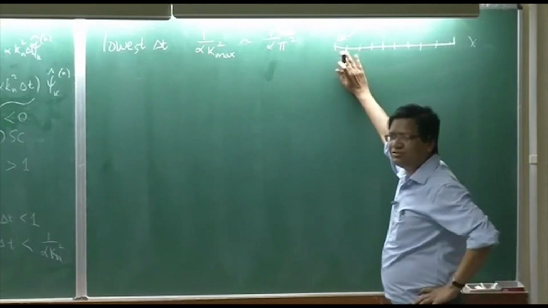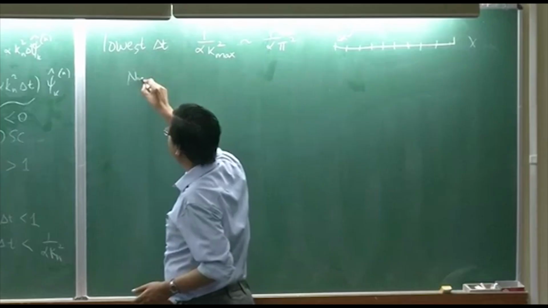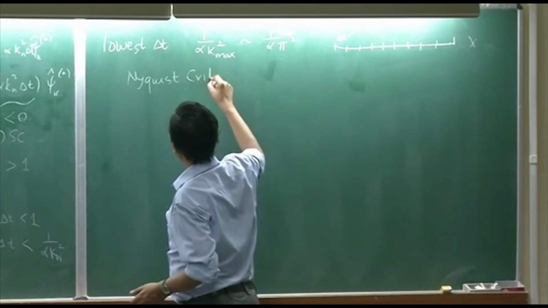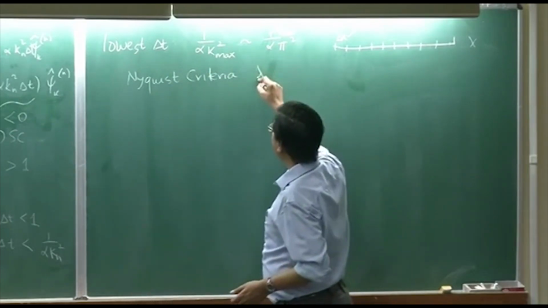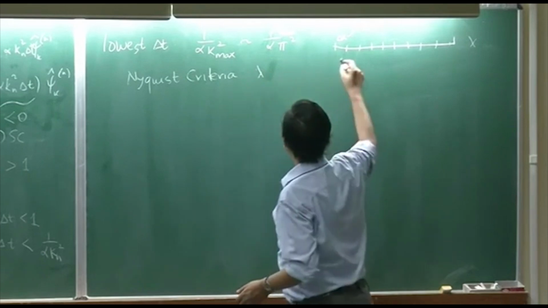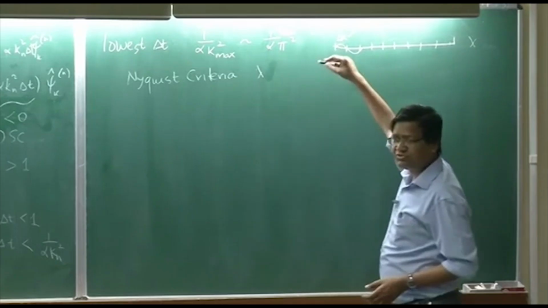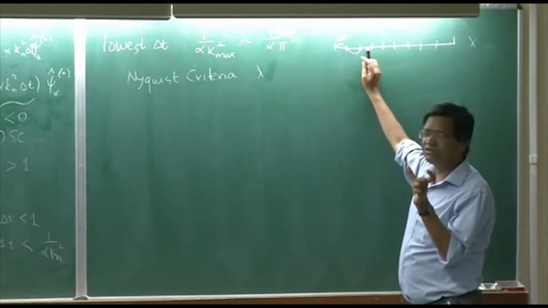Now what should be, so this is called the Nyquist criterion, I will not describe that. According to that, the lowest wavelength should cover 2h. So that's the Nyquist criterion.